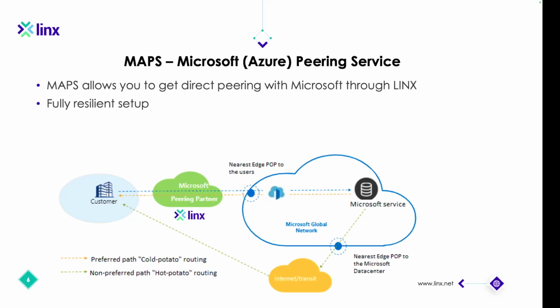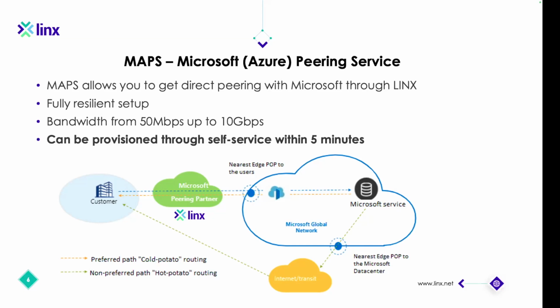We allow you to compromise on that by using a single one, but our connection with Microsoft will always be resilient, meaning we will always have at least 2 physical connections into Microsoft. There are route servers involved, so we'll talk about that, but it's always by default fully resilient. We offer it from bandwidth starting as low as 50 megabits per second, and we can go up to 10 gig of bandwidth for the service.